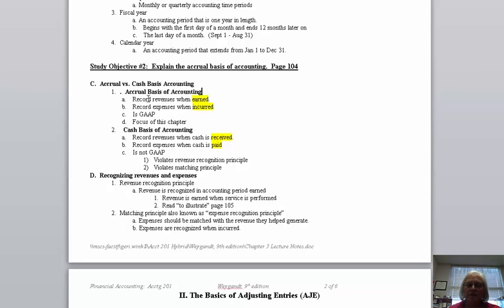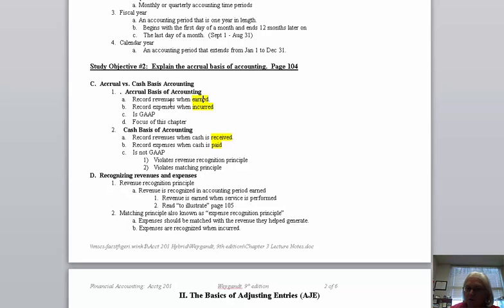Under accrual basis of accounting, we're going to record our revenues when they are earned, and we're going to record the expenses when they are incurred. Revenues when they're earned does not mean we get the money right then. Instead, we've performed the work, we've sold a good or a service, and we have earned our money.